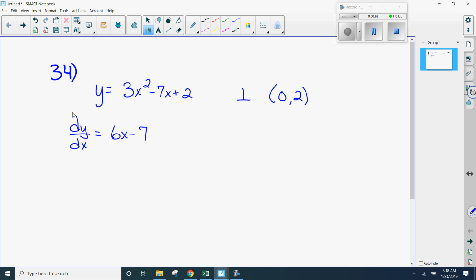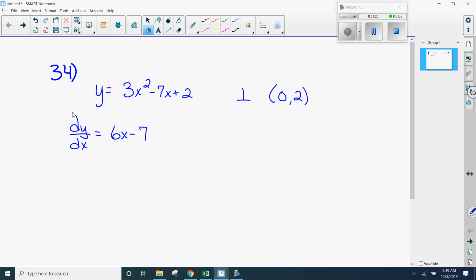So I could come up with the equation for the tangent line, but I want the one that is perpendicular to it. So where does that get me if I use dy dx? That's the slope at any given point. We want the slope at what point?